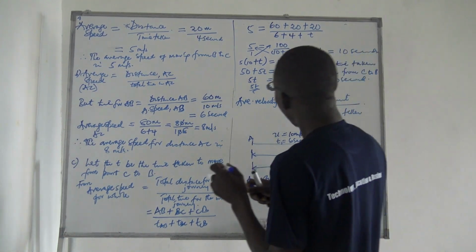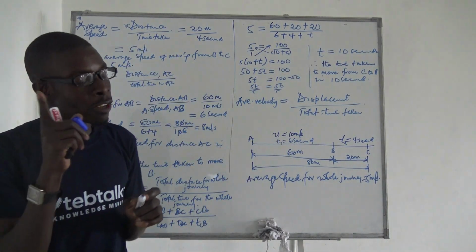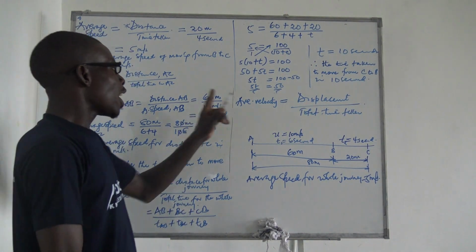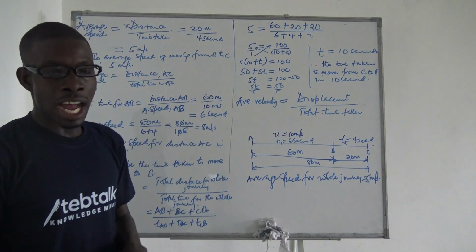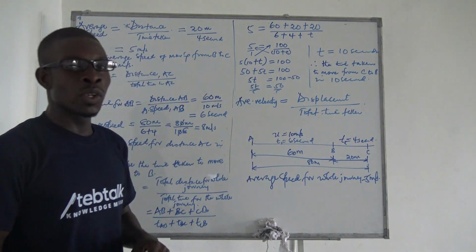Clear? Our average velocity is given by displacement over the total time taken.